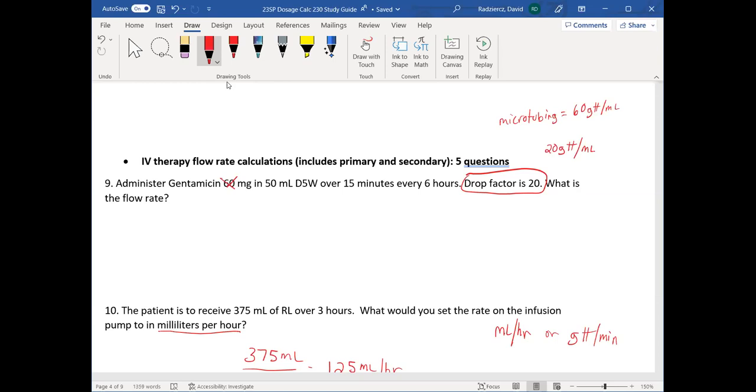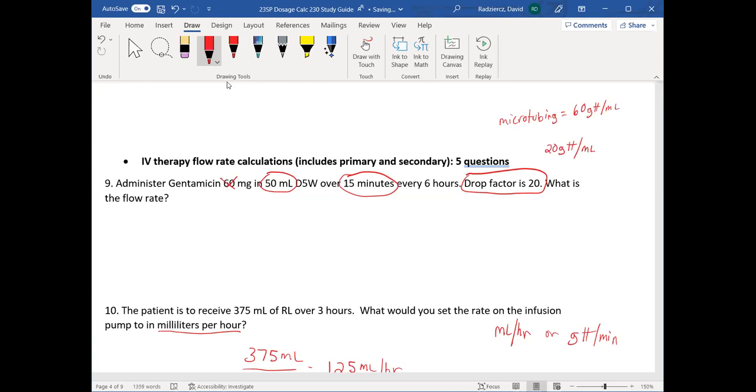So I do care about my volume and I do care about my time. Now there's 2 times here, right? Over 15 minutes every 6 hours. When I'm reading this, it sounds like you run this for 15 minutes, then repeat it every 6 hours. So the time that's important is the 15 minutes, okay?